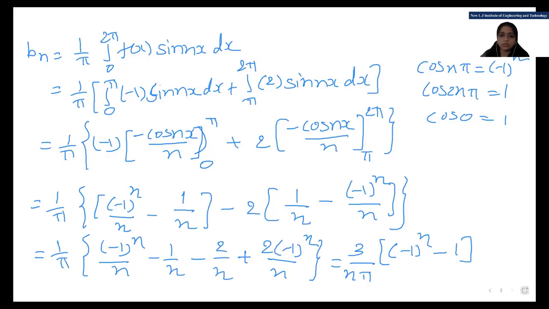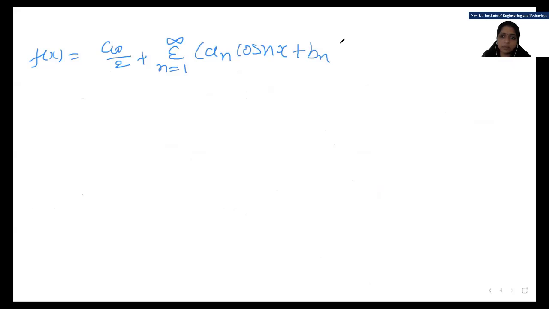Now, the last step of our example, that is f of x equals a0 by 2 plus summation n 1 to infinity of an cos nx plus bn sin nx, right?